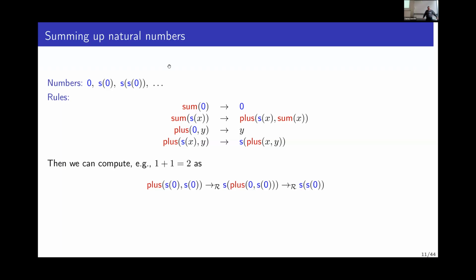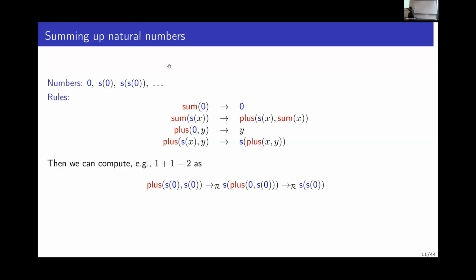With such rewrite rules, we can compute, for example, 1 plus 1 equals 2 as plus of 1 and 1. Well, which rule might we use? The first one, plus of 0 and y? Nah, that doesn't match. 0 and s of 0, that doesn't go together. So let's try the second one, plus of s of x and y.